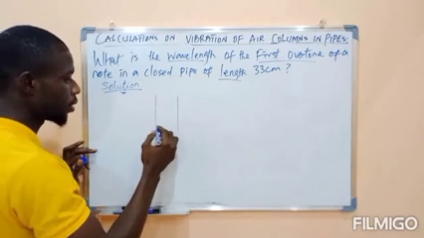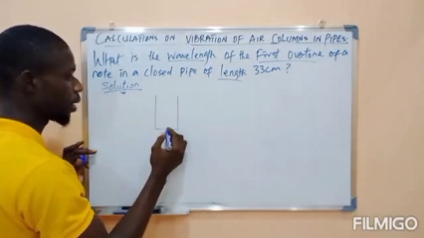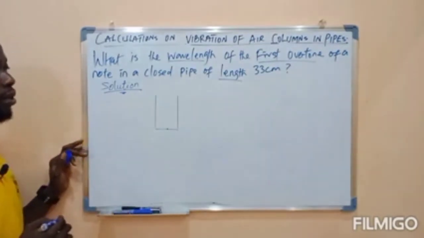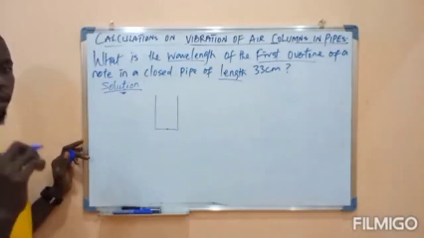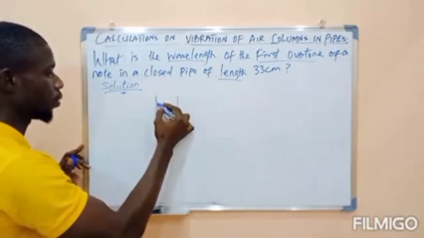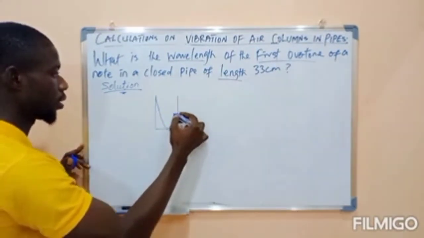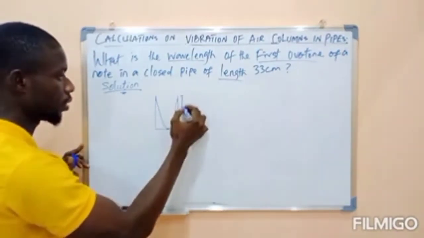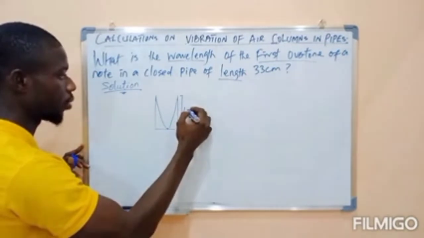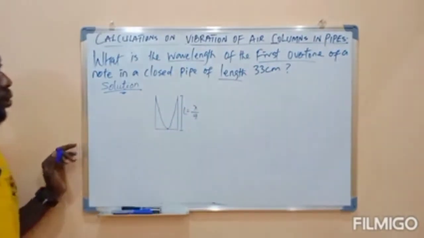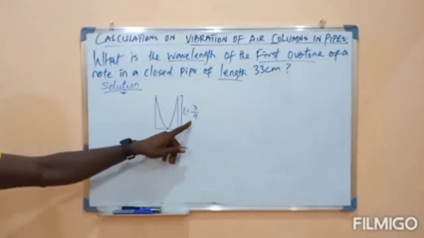quickly remember this. For a closed pipe, our first harmonics, which is our fundamental frequency, is always like this, right? And we said the length of the air column is equal to lambda all over 4. So this is what you're going to relate.